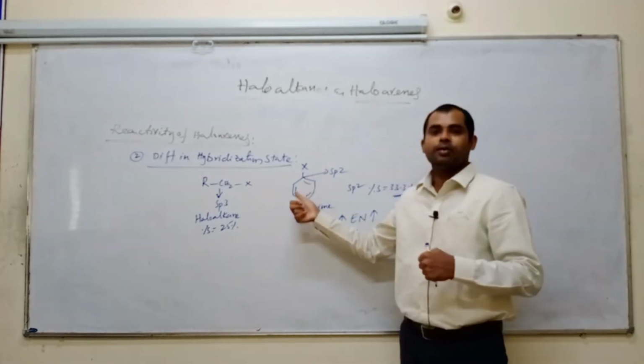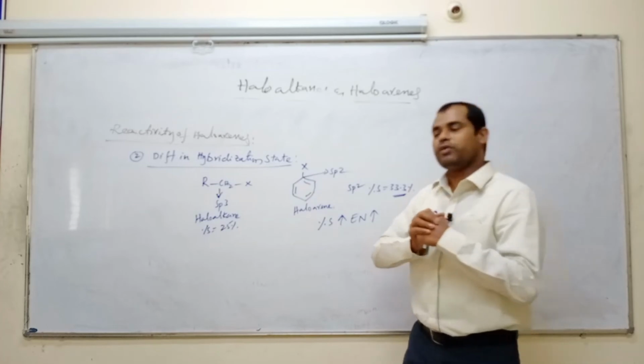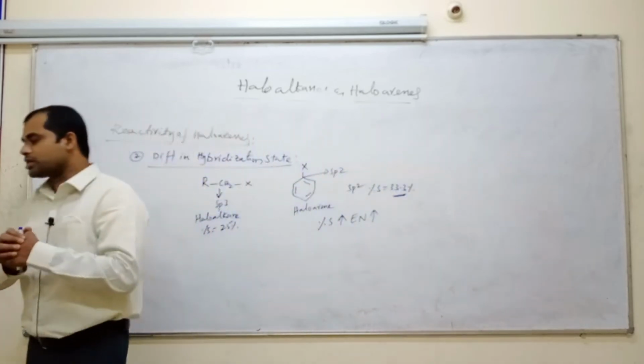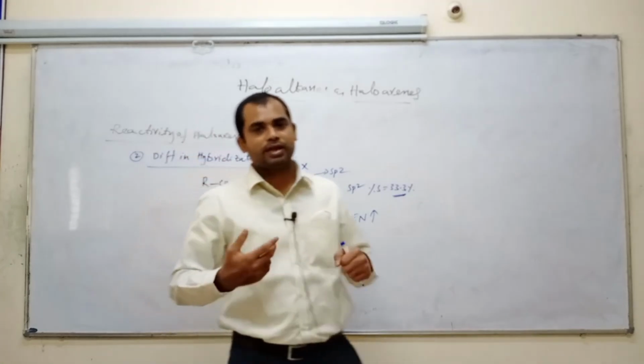In haloarenes, the bond is very strong, so it has less tendency to release electrons.